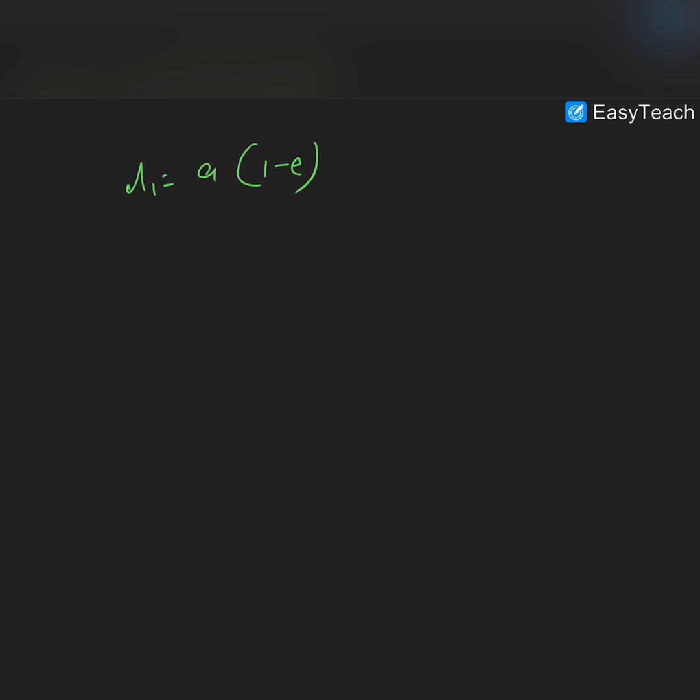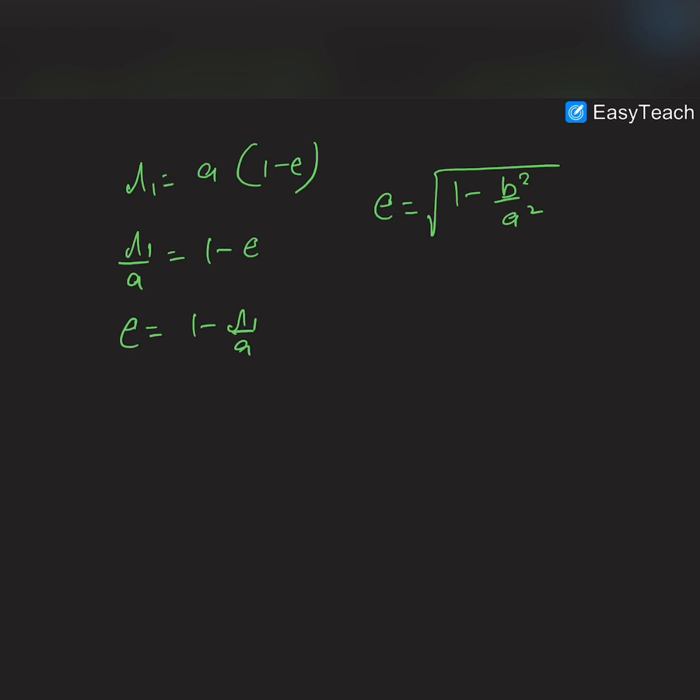Okay, so we can find out the value of e. So r1 by a is equal to 1 minus e. Okay, and e is equal to 1 minus r1 by a. And we know that e is also equal to under root of 1 minus b square by a square.